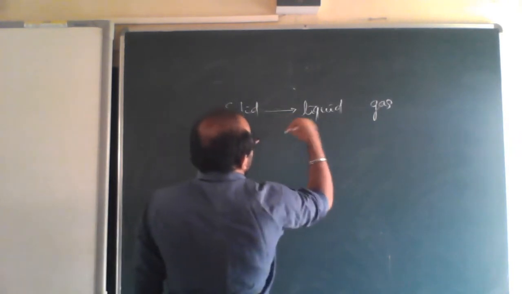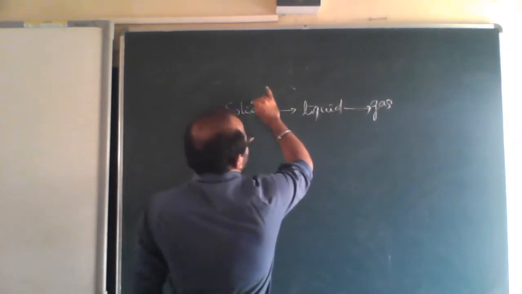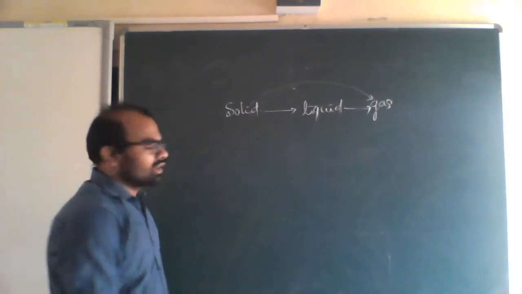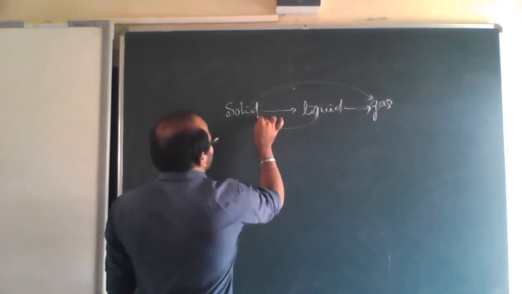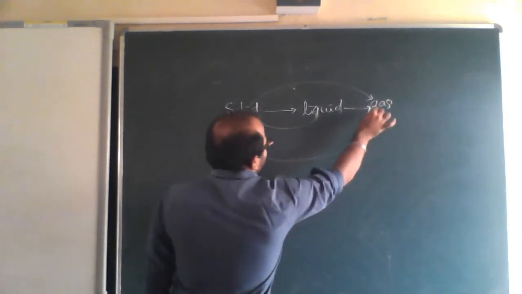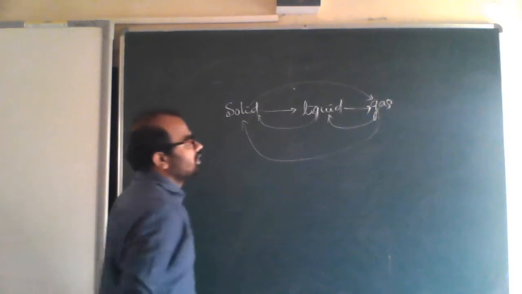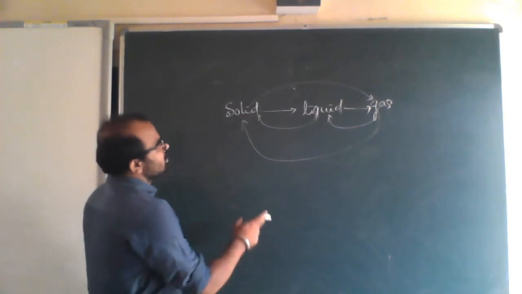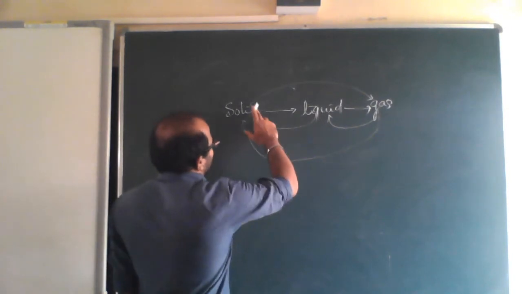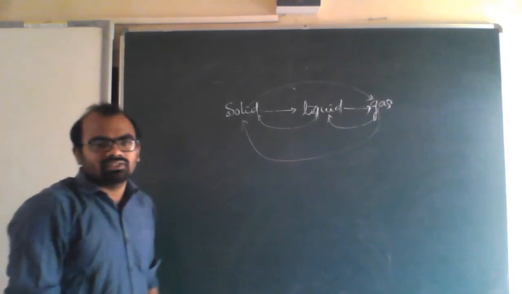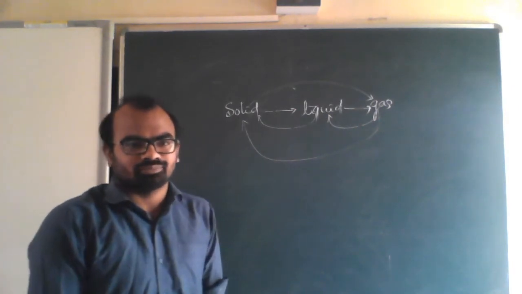Solid can be changed into liquid and solid can be changed into gas. Even liquid can be changed into solid, and gas can be changed into solid. Gas can be changed into liquid. So these are the ways. We can see six ways: one, two, three, four, five, six.